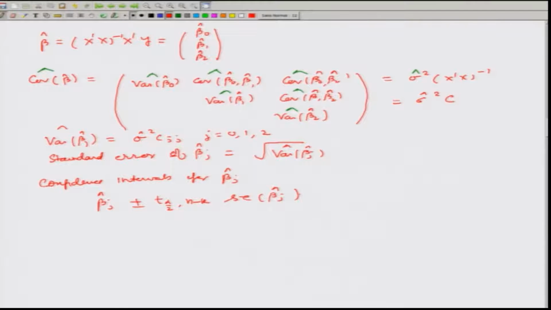And for the test of hypothesis, when we are interested in testing the hypothesis H naught: beta j is equal to 0, then the t statistic for the jth regression coefficient was obtained as beta hat j minus 0 divided by the standard error of beta hat j, and this was following a t distribution with n minus k degrees of freedom.